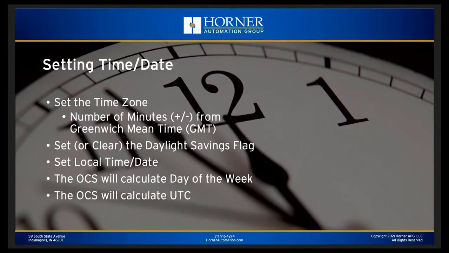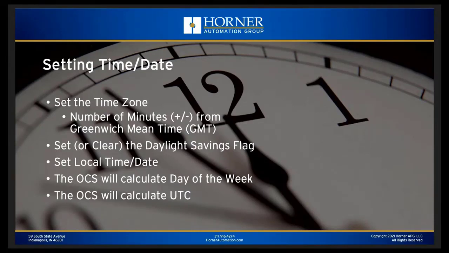The reason we don't have you set the UTC time and date is because very often it's a human that's setting the time, and they have a much easier time understanding what the time is locally than having an idea of what the time is at Greenwich right now. So that's why in the OCS we have set it up so customers can set the local time. Then after the local time is set, the day of the week is calculated, because as long as the OCS knows the date, it knows if it's a Tuesday, Wednesday, whatever the case may be.